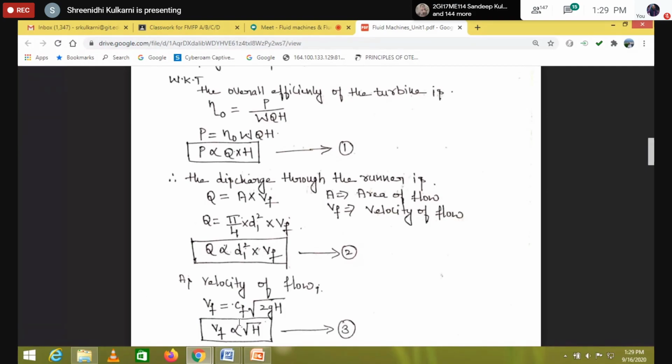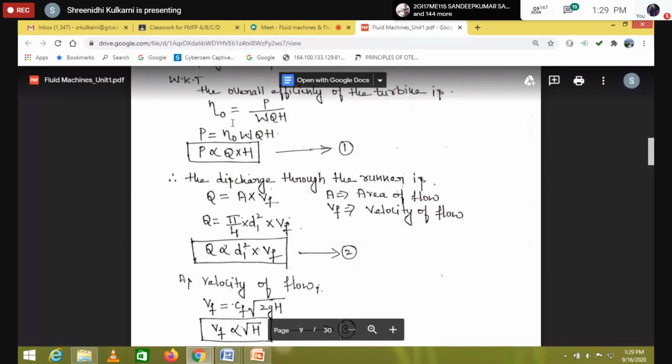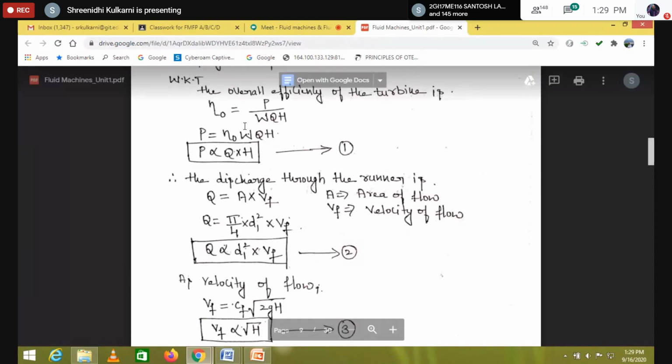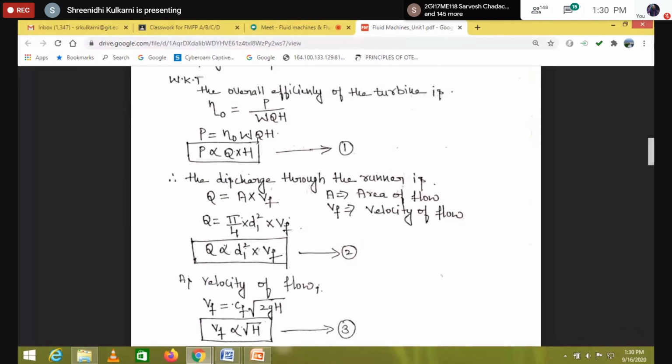Similarly, here the efficiency I can take as a constant. Even W, the specific weight, is a constant because it is 9.81 into 1000. So which one is varying? Discharge is varying. Meanwhile, even the head is varying because it is not a constant.